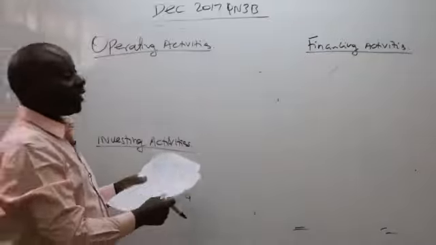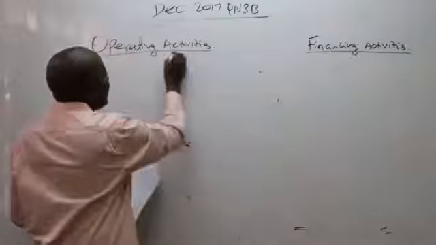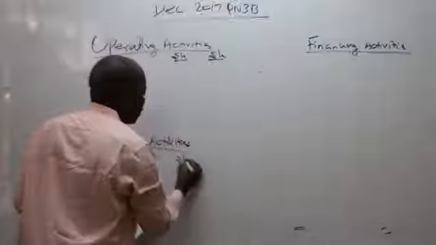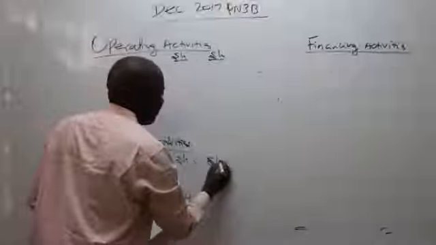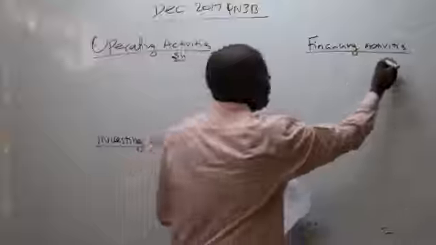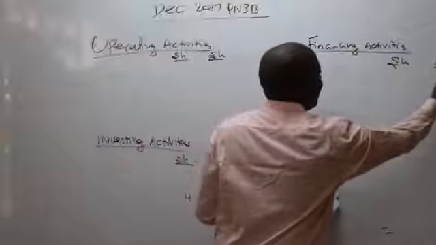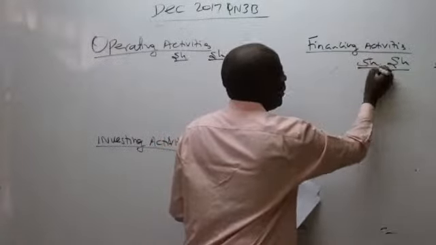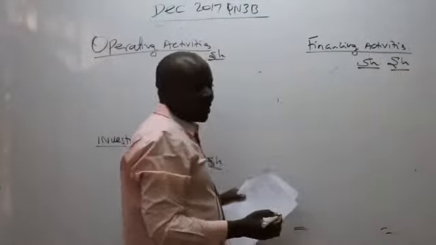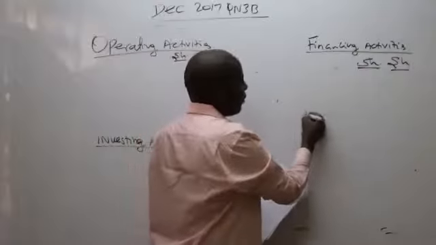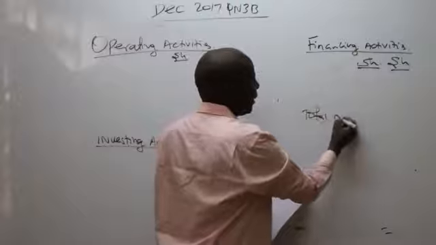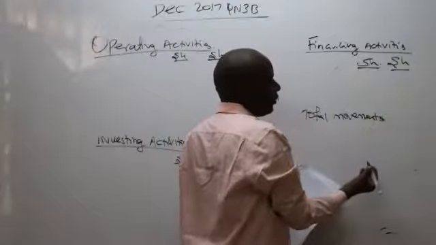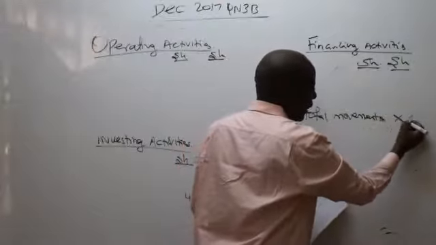Ladies and gentlemen, after financing activities, of course, I know that here I have shillings. I'll have to capture my currencies like that. So at the end of the day, I'll capture something we call total movement. The total movement in terms of my activities, I'll be able to get a figure there.